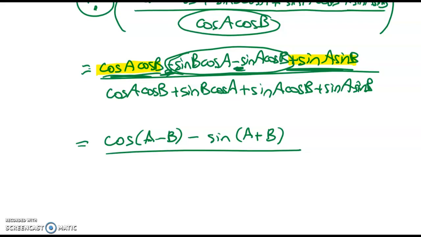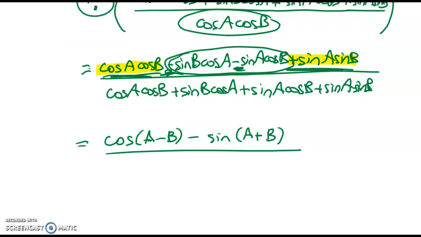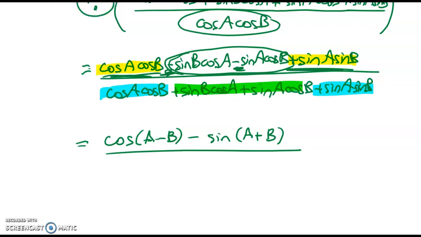And then in the denominator, I'm going to again have this cos A cos B, sine A sine B, and then I'm grouping those two together there. That gives me plus sine of A plus B.